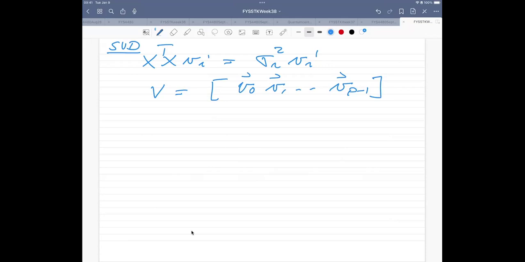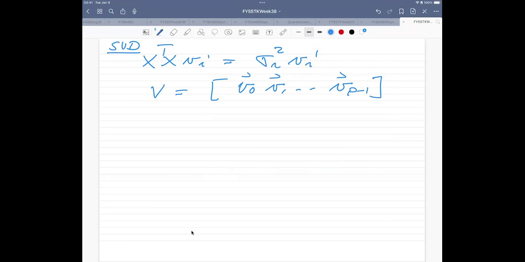Diagonalizing the correlation matrix, as we will see later, gives us the variance. I'm leaving this now because I want to discuss some specific expectation values in more detail.